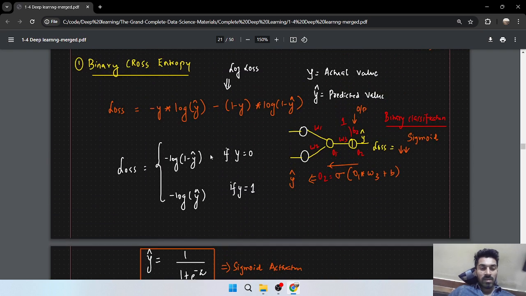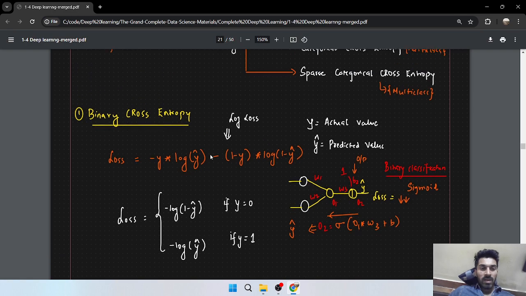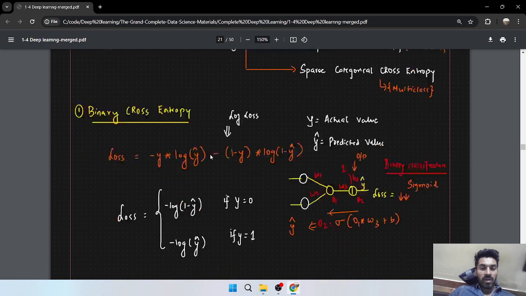Same as this one for binary cross entropy and categorical. And what is sparse?